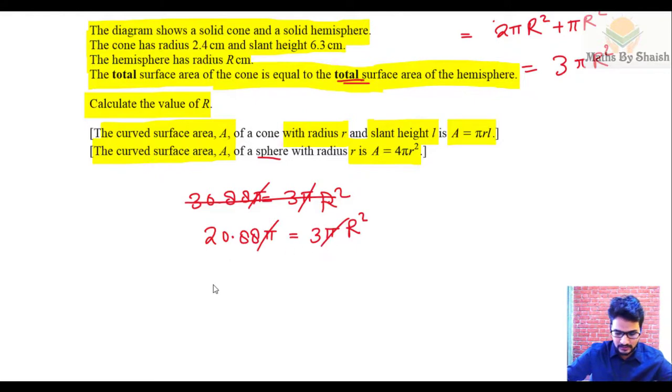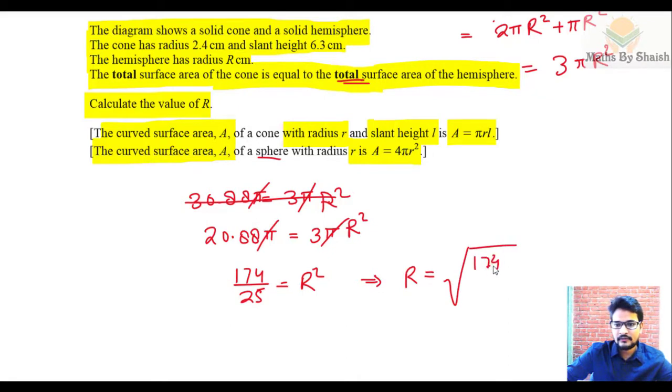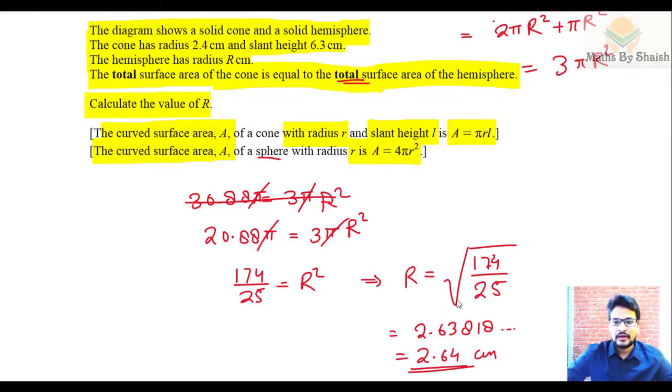Pi got cancelled, and if we simplify, we'll divide by 3, it is coming 174 by 25, and that is R square, and hence R would be the square root of 174 upon 25, and the square root of this is 2.63818, and so on. So we can write our answer to 3 significant figures, that is 2.64 centimeter. That's the value of R.